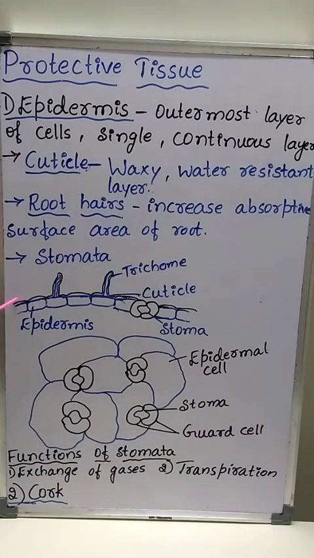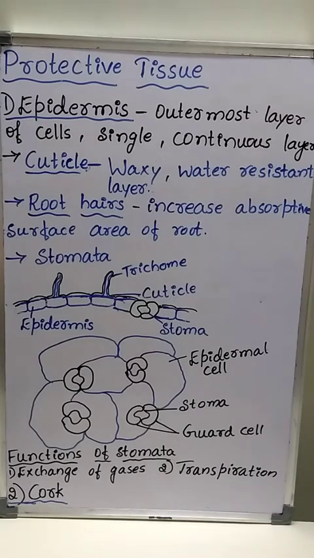That waxy, water resistant layer present outer to the epidermis is called the cuticle. The main function of the cuticle is preventing the loss of water.